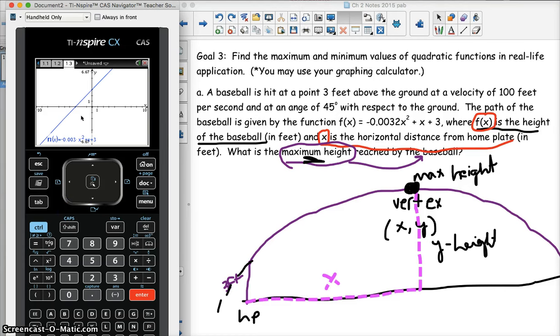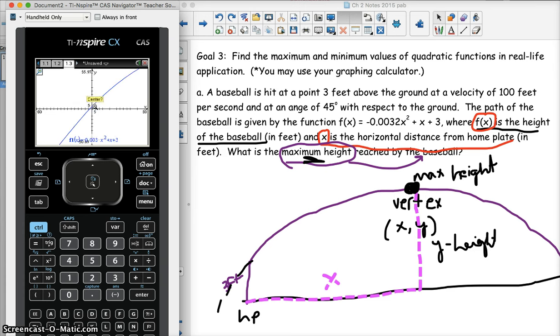Now, how we're zoomed in at the moment, this looks like a linear function. Well, we know this could not possibly be a linear function because this is a quadratic equation. So let's go to Menu, Zoom Out, and I'm going to take my Zoom button and put it at the origin and just press Enter several times until I've zoomed out enough.